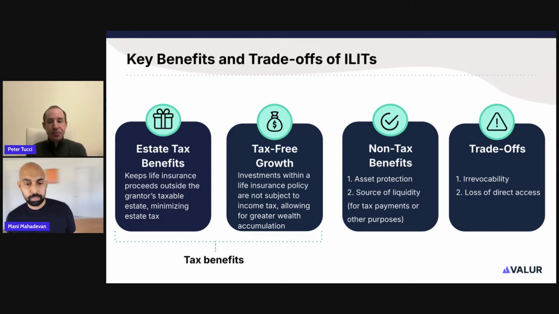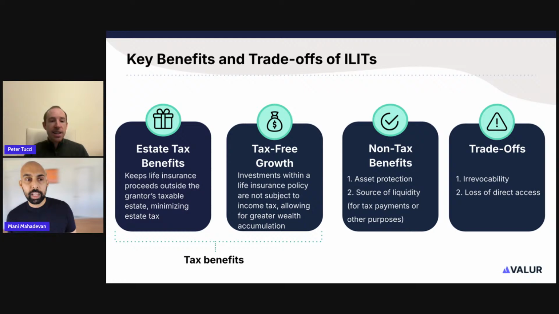So if you have a $20 million estate and a $5 million death benefit, that $5 million is going to be subject to at least a 40% tax on your death. So it's going to be taxed pretty heavily. Estate tax is a big driver.